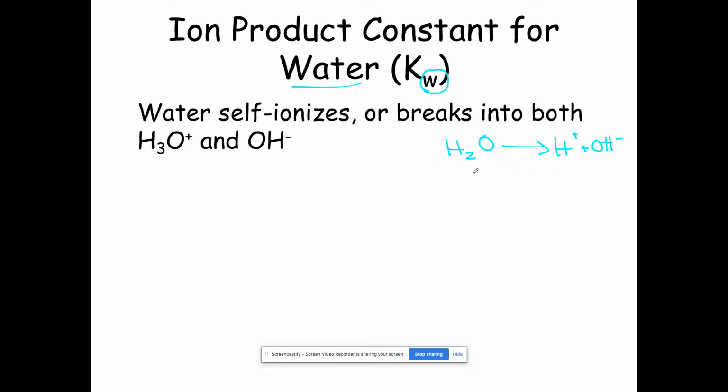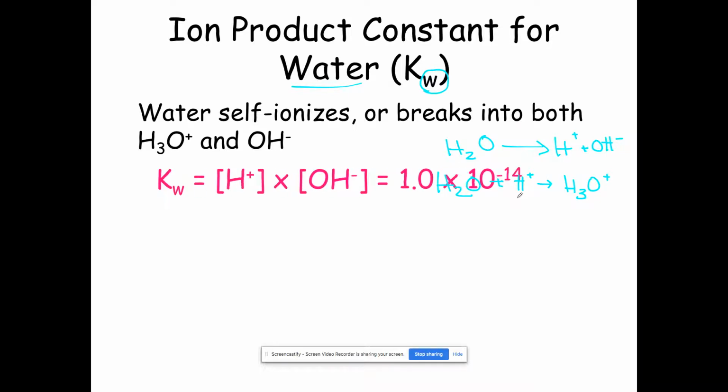And since we also have some water just floating around, it's also going to grab on to some H plus and become hydronium. So water can break apart into both of those, and it can also grab on.